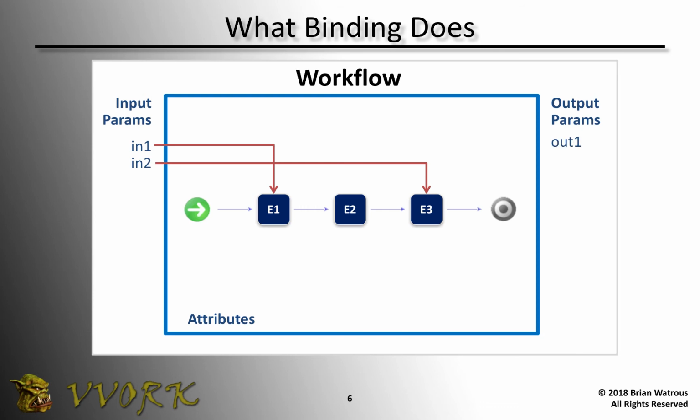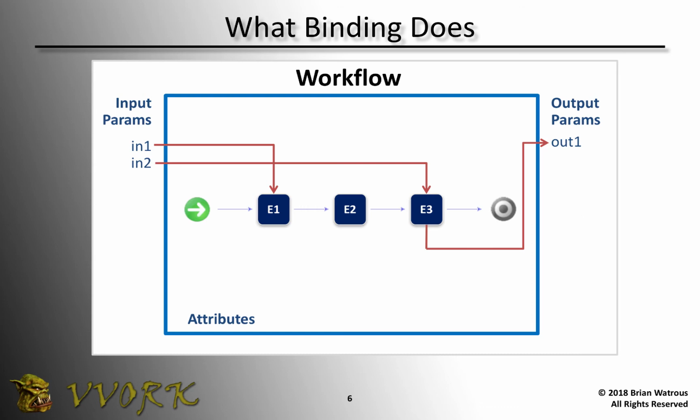Now, in addition to input parameters, your workflow is quite likely going to have one or more output parameters. And in order for us to change the value of that output parameter, once again, we'd need some binding because E1, E2, E3, none of those schema elements knows anything about the output parameter called out1. We would have to set up an outward binding. Now, in the case of input parameters and output parameters, you can only do one type of binding for each of those.